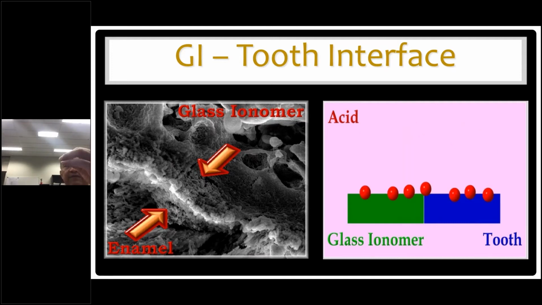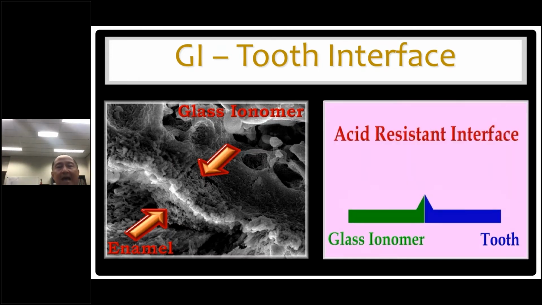The purpose of that is just to remove the debris, because when you polish things, there's a lot of smear layer on the surface, and that would make it harder for us to visualize the interface. After I wash away the acid etch, now you can see that the mountain range is formed.